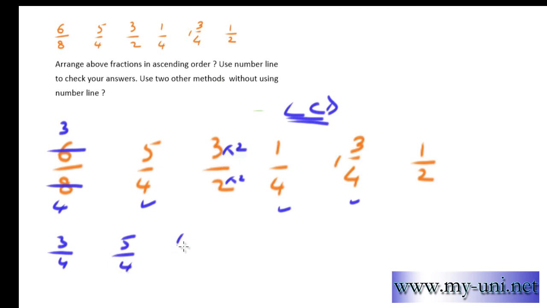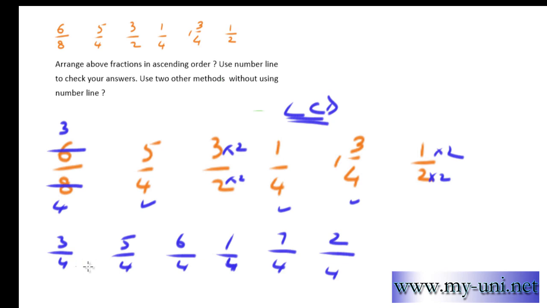3 times 2 is 6 over 4. 1 of 4, and this would be 4 times 1 is 4 plus 3, that would be 7 over 4, and this would be times 2 and times 2, this would be 2 over 4.